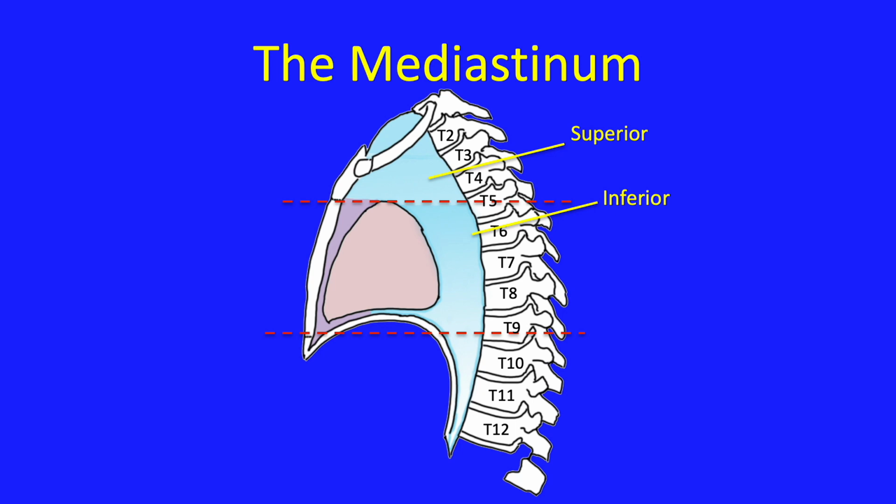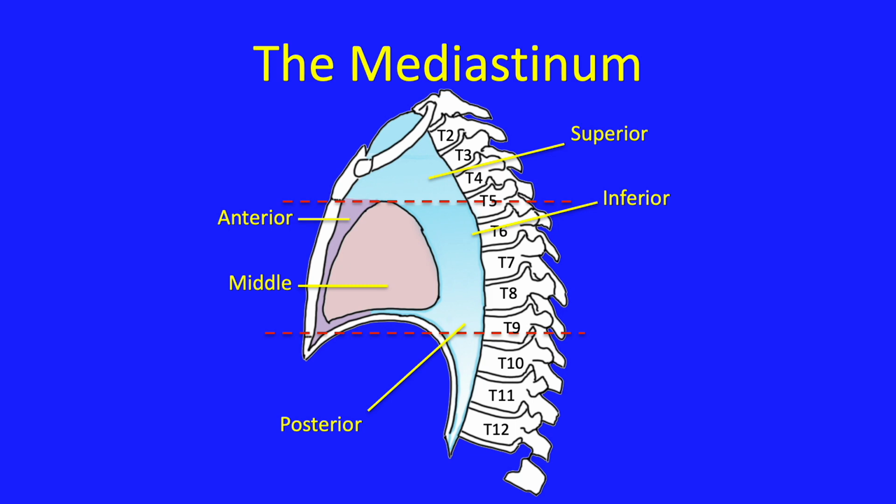The inferior division is further divided into anterior, middle, and posterior compartments. Technically speaking, T3 and T4 make up the bony back of the superior mediastinum, but vertebrae T1 through T4 are commonly referred to as the posterior wall of the superior mediastinum.